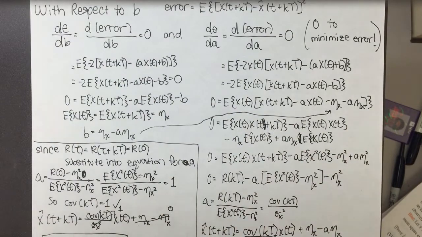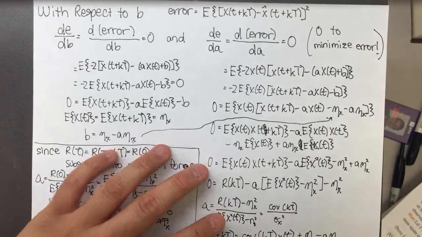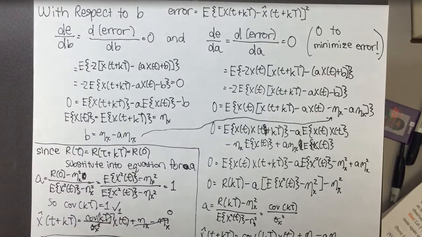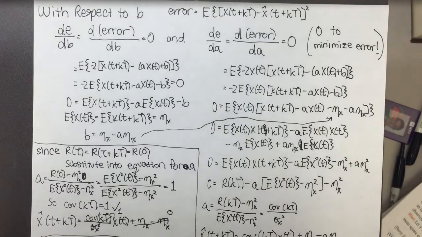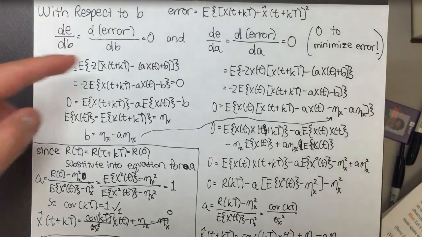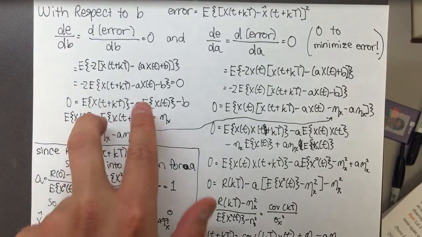So with respect to b, we're going to start with b over here. So dE/db equals d error over db. We want to set it equal to 0 to minimize error. And so we worked it out. The expected value of -2 times the quantity x of t plus kT minus a x of t plus b, and we can take this -2 out and then separate these two.